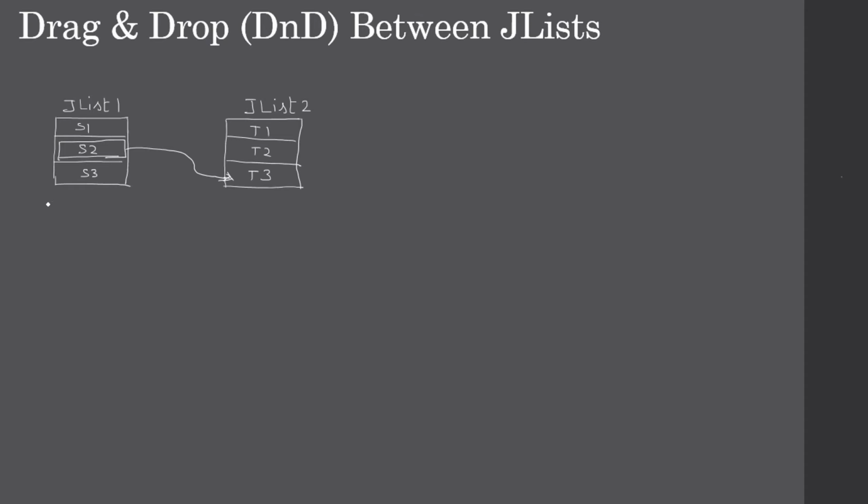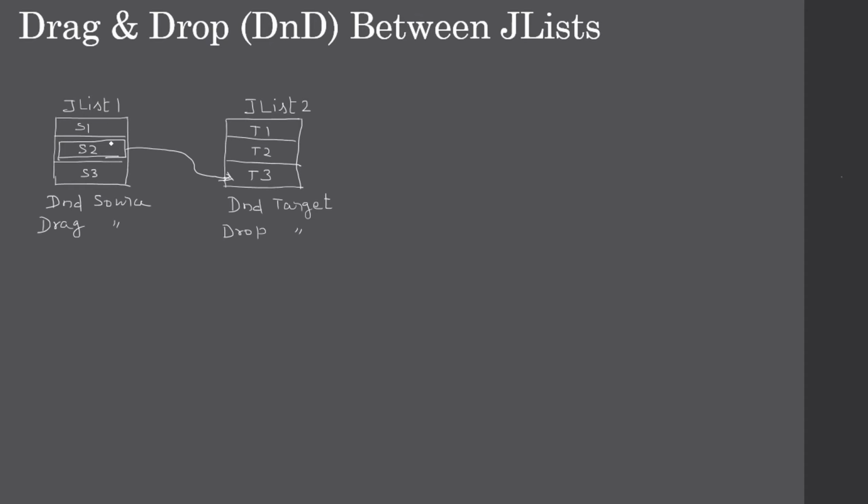So in this case, if you see, the first list is called D&D source and the second one is what is called D&D target. So people will also call this a drag source and drop target.